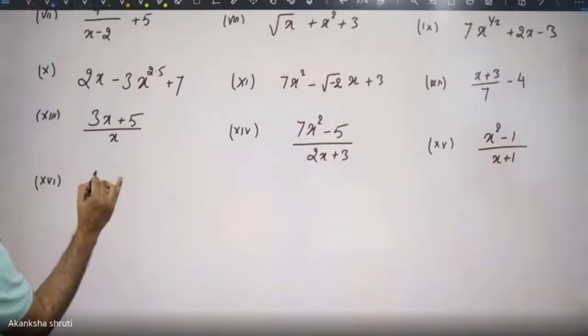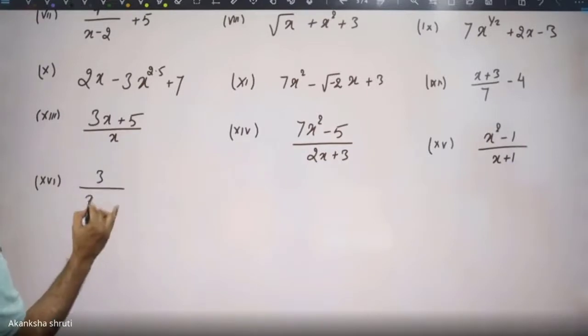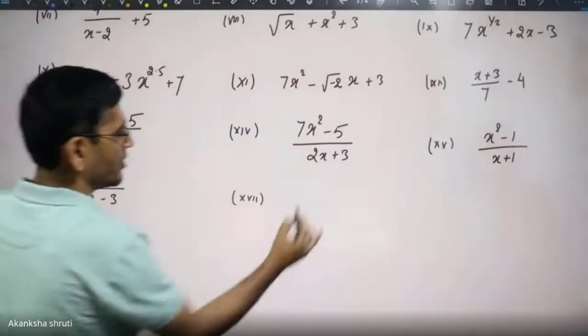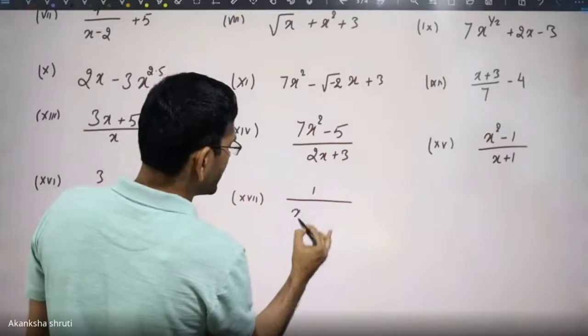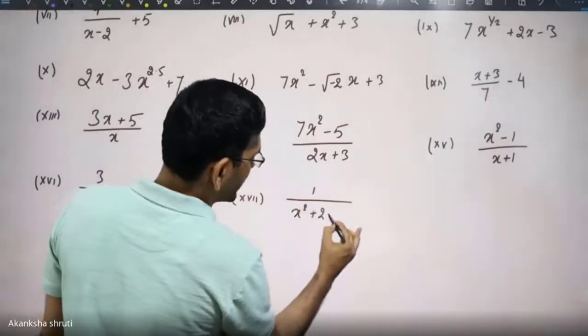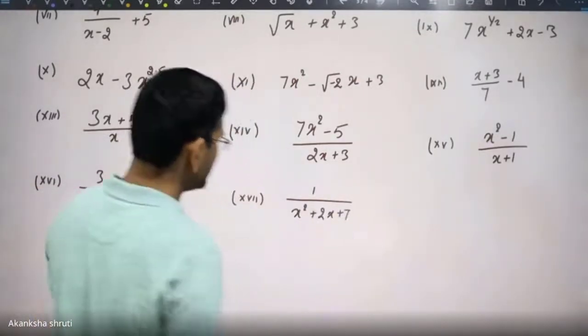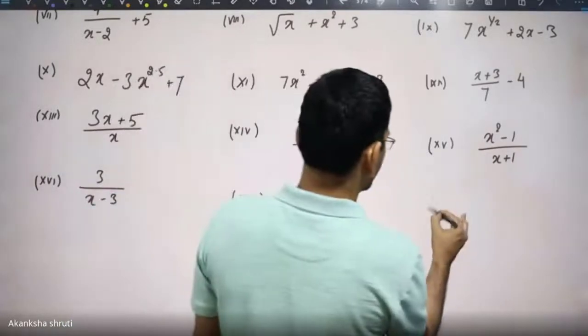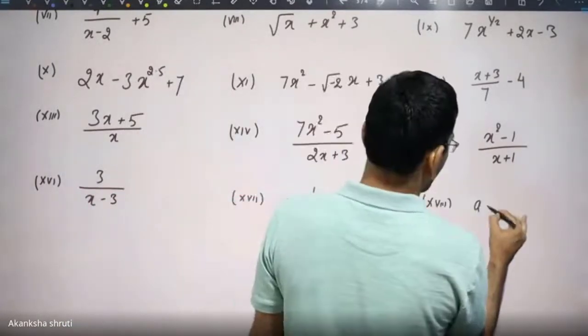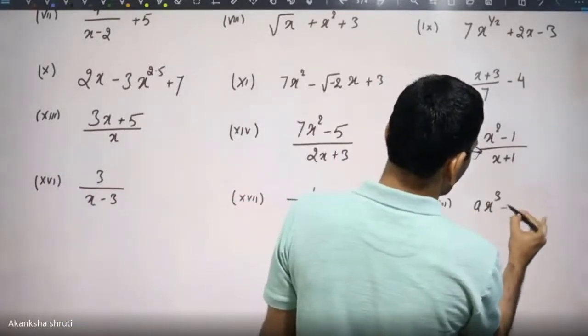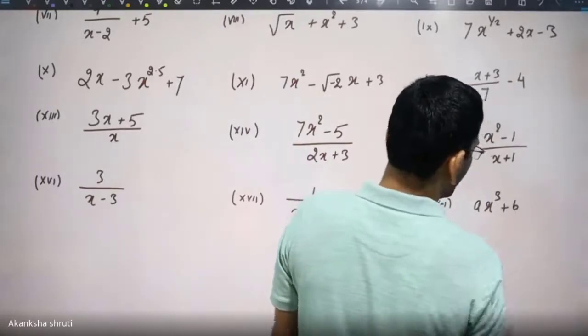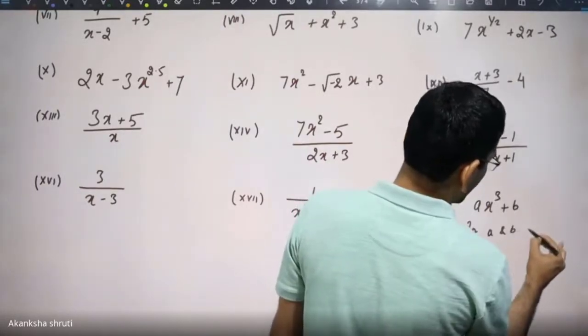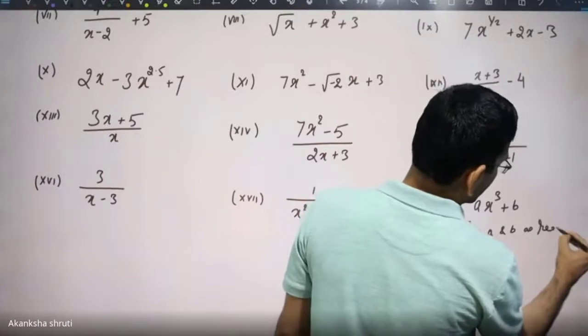The 16th one, 3 by x minus 3, 1 by x square plus 2x plus 7, and the 18th one, ax cube plus b, with a and b real.